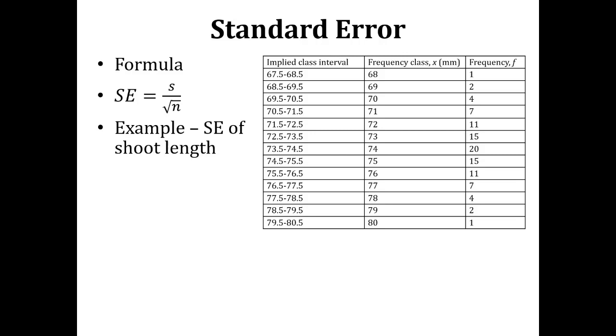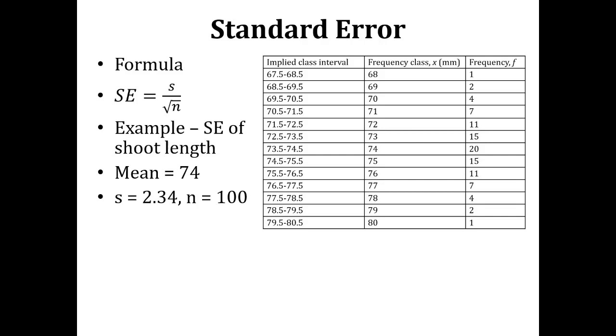So this is the frequency distribution for the shoot length. The mean value for this example is 74 millimeters. The standard deviation is 2.34, and the total number of observations is 100, right?